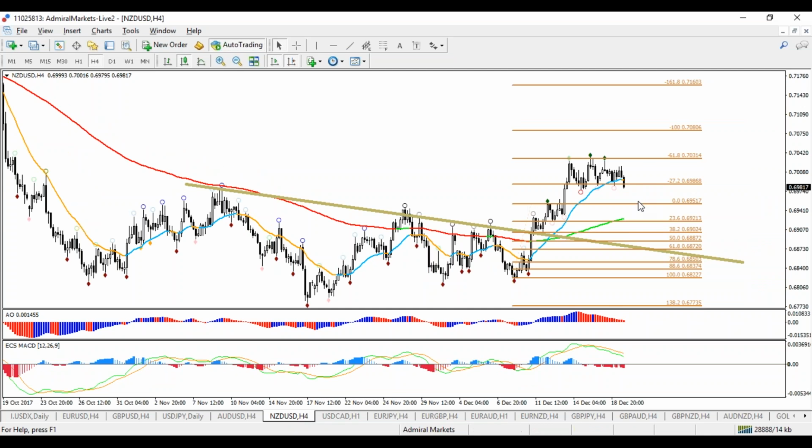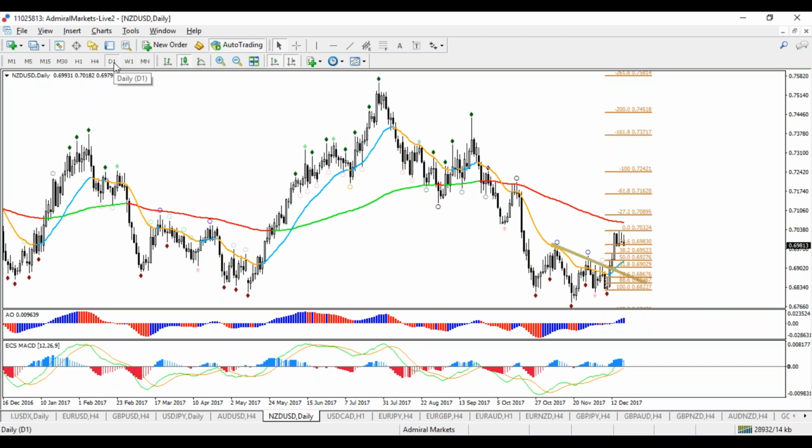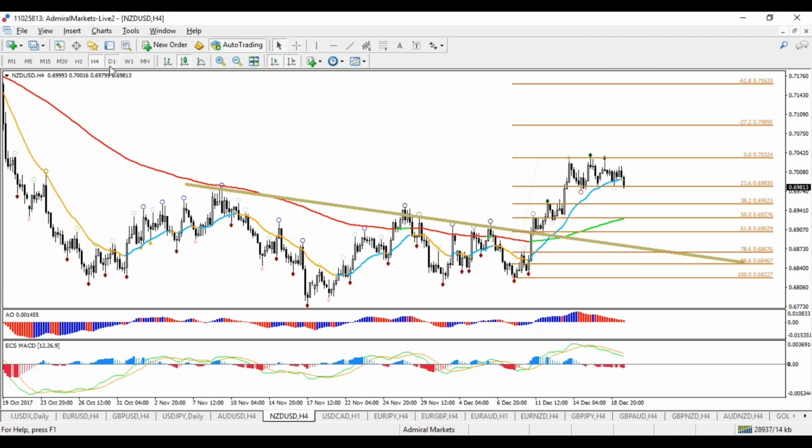Kiwi is the same story from this point of view, right? Could also make a correction first before making a continuation potential upside. It also depends on how fast price falls. I don't want to necessarily declare that for sure a bounce will happen here, but there is that chance. There's a decent chance that could happen.